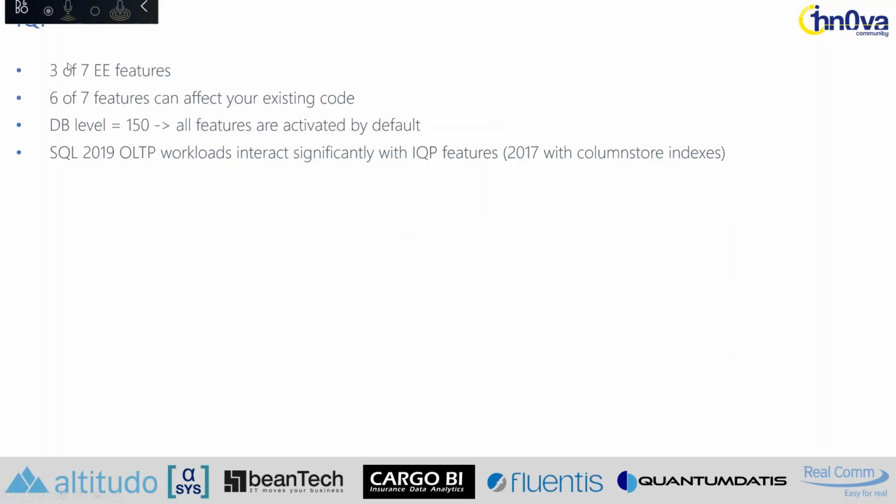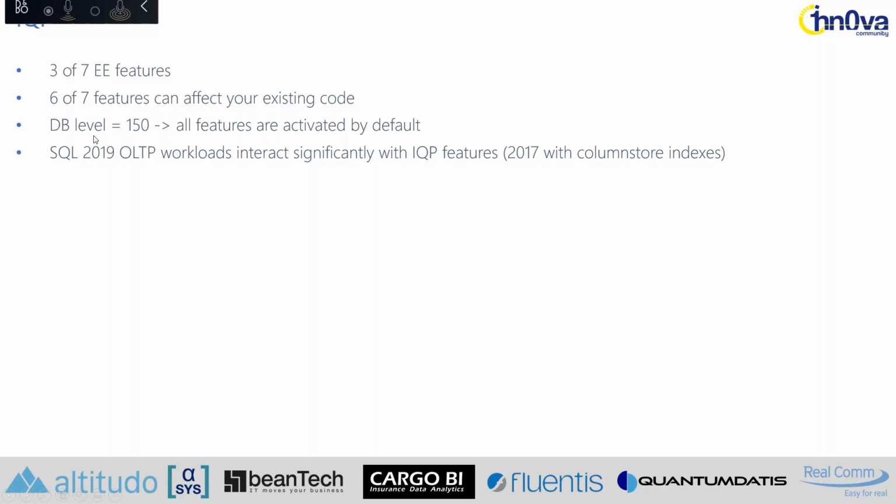So let's go further. As I said, 3 of 7 are Enterprise Edition features only. And you have to know that 6 of 7 features can affect your existing code. So if you migrate from SQL Server 2016, for example, to 2017 or 2019, some features can affect your existing code.